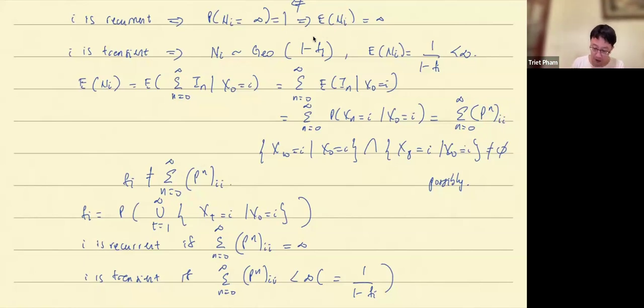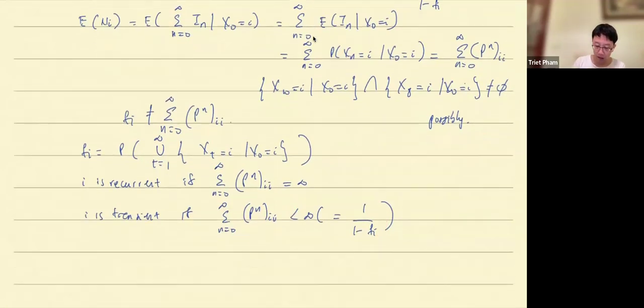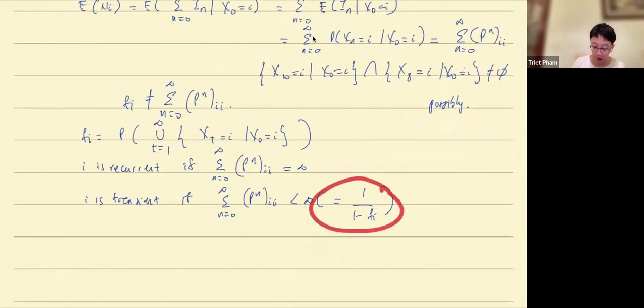Anyway, here Fi is indirectly figured out from the sum, if somehow we can get our hands on this sum.